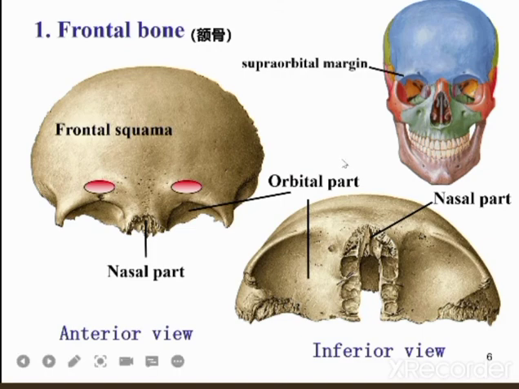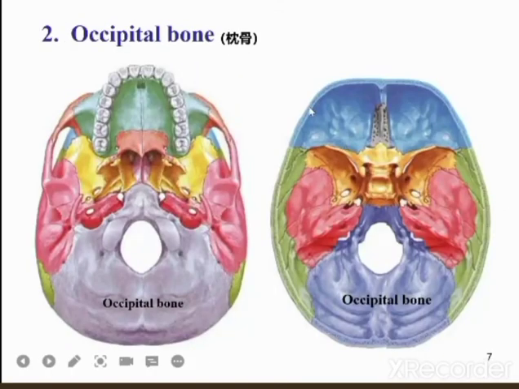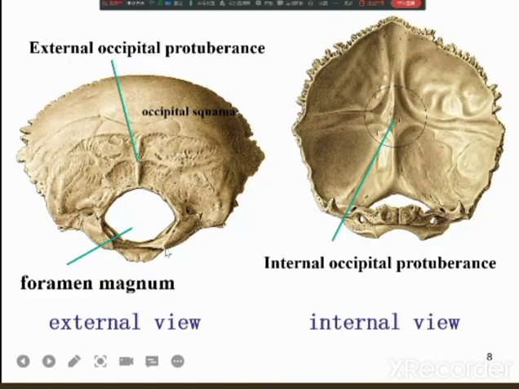Okay, let's see the deep opening named foramen magnum. Behind the foramen magnum is the occipital squama. This area is the occipital squama. Besides, there is a bony structure, you can see, named external occipital protuberance.